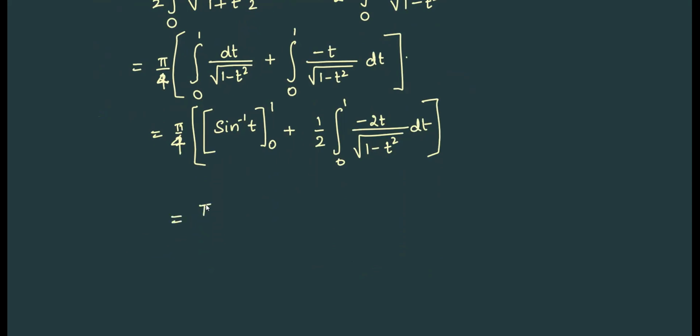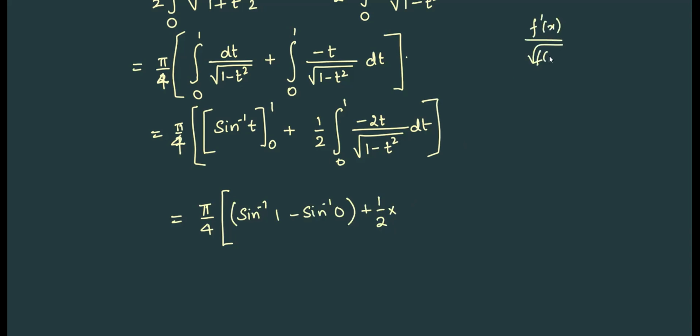So pi by 4 times this will be sine inverse 1 minus sine inverse 0, plus half into the integral of f dash x by root f of x dx, which is 2 root f of x plus c.